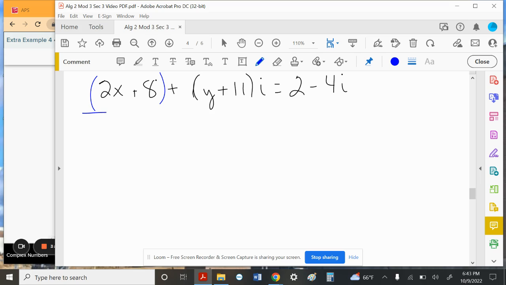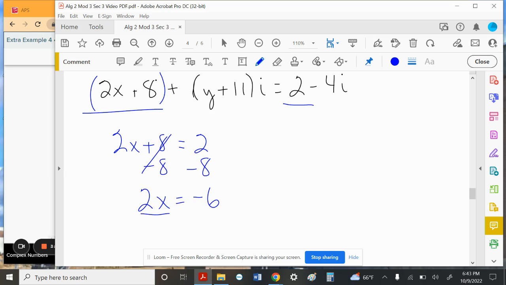Then the real part has to equal the real part of this side. That means that 2x plus 8 has to equal 2. So we subtract 8 from both sides, I get 2x equals negative 6. Divide both sides by 2, and x equals negative 3.